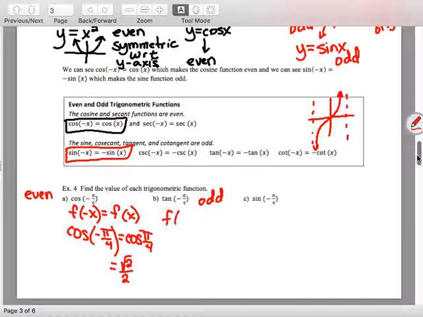All right, tangent is odd. So that means f of negative x equals negative f of x. So the tangent of negative pi over 4 is equal to negative tangent pi over 4. All right, well, what was tangent pi over 4? 1, and so that's negative 1.